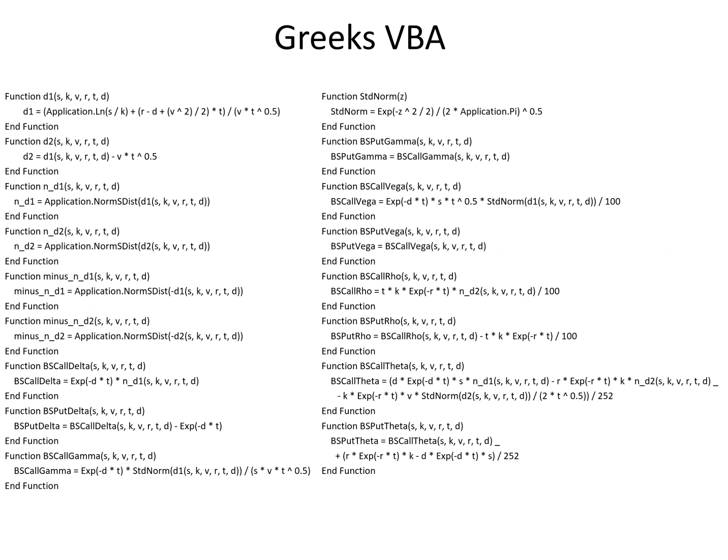These are the Greeks. I have some interim functions to calculate D1, D2, ND1, ND2, and then you start seeing the functions here. Here's one for BS call delta, BS put delta, BS call gamma, BS put gamma, BS call vega, BS put vega, BS call rho, BS put rho, BS call theta, and BS put theta.